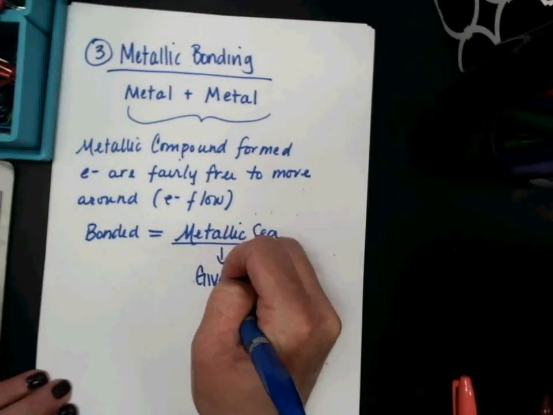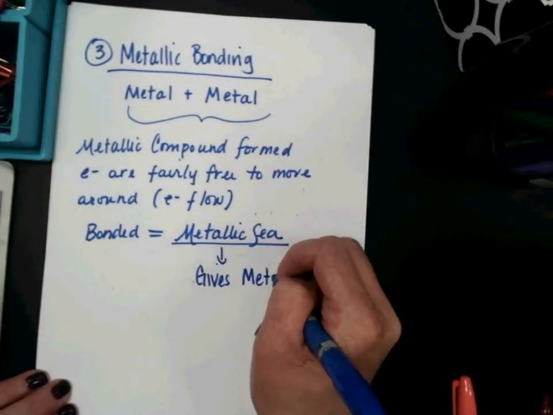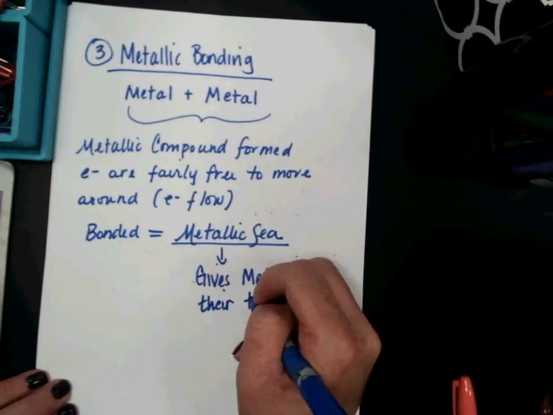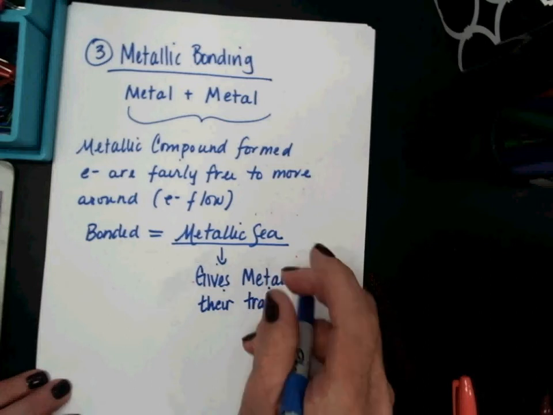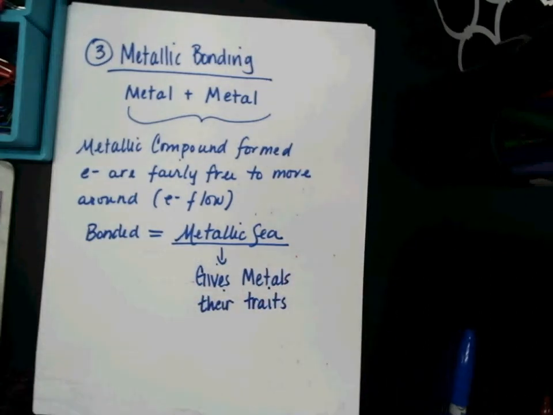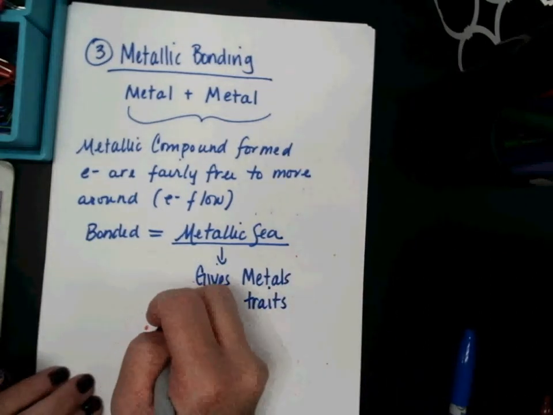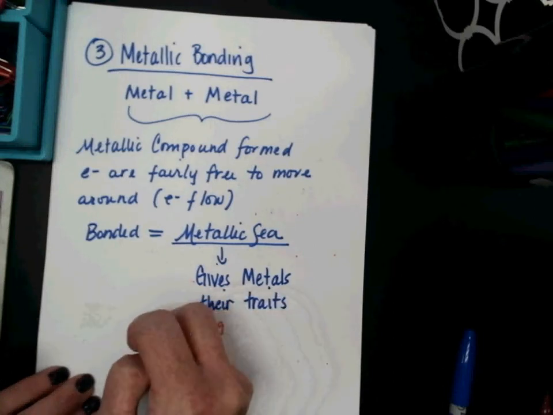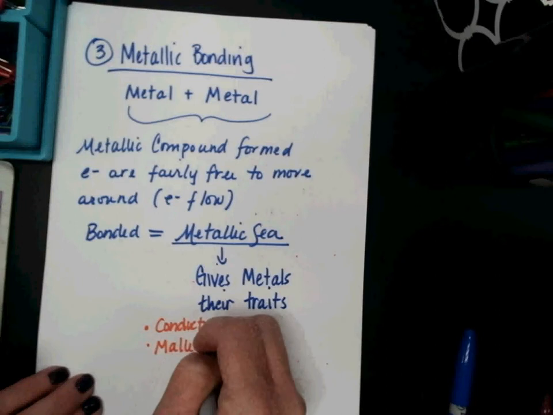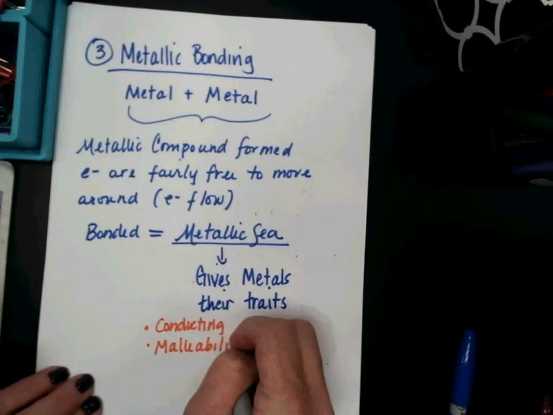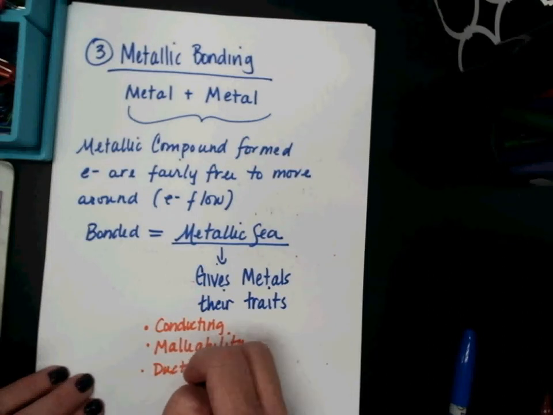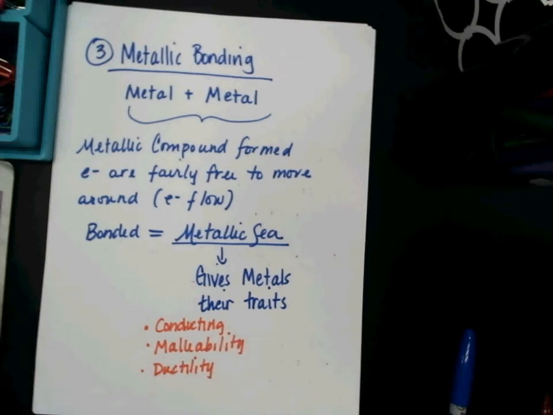This is what gives metals their traits, the characteristics that they have. We'll talk a little bit more about them later, but like their conducting, their malleability, their ductility, and a lot of those.